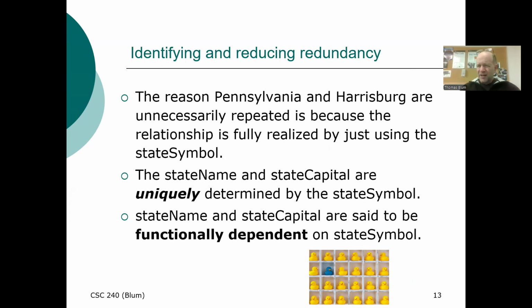So we're almost back to the idea of a primary key uniquely identifying something, but it's not an entire row, it's some subset of things. So the state symbol will uniquely determine the state name and the state capital. We can say that the state name and the state capital are functionally dependent on the state symbol.